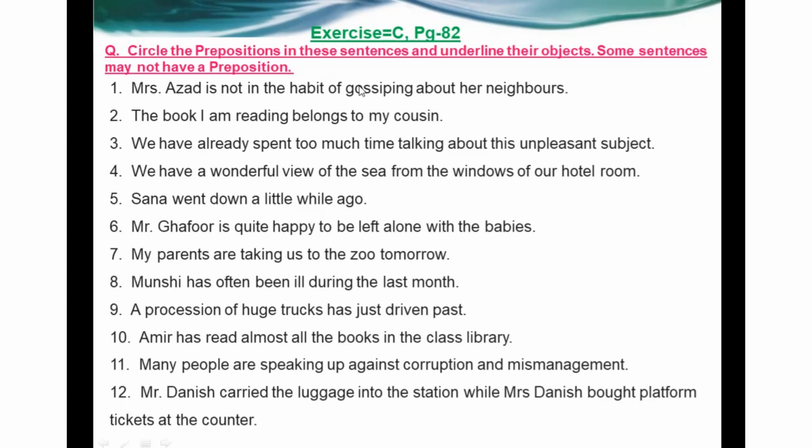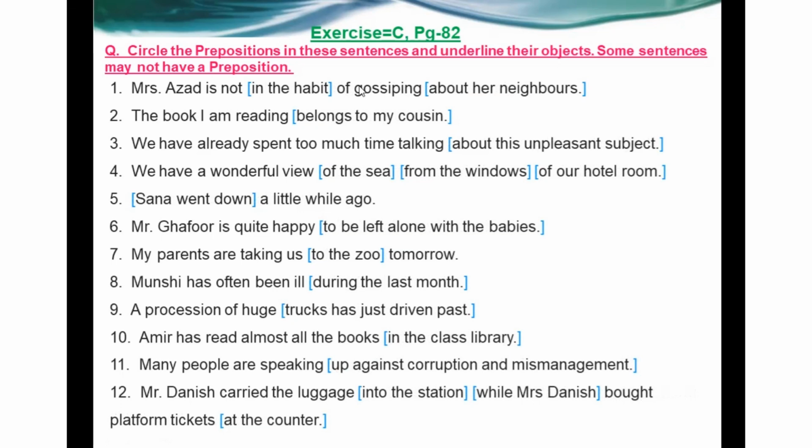And we already know the object should be a noun, right? So like that, whatever the preposition we have, for example here the first preposition is in, separate it out with the help of brackets. Separate out the preposition with its object in the sentence.